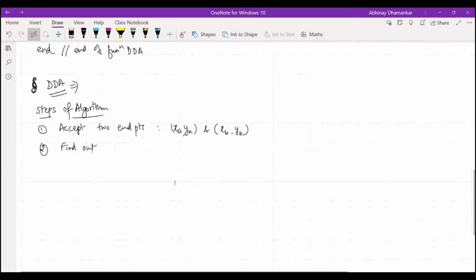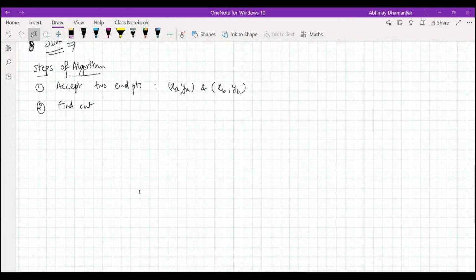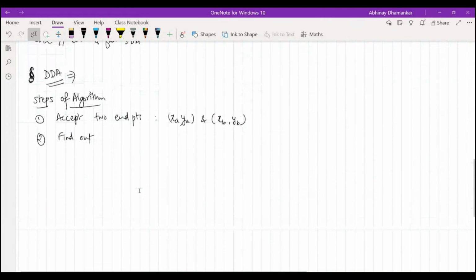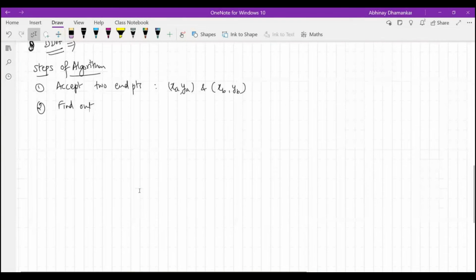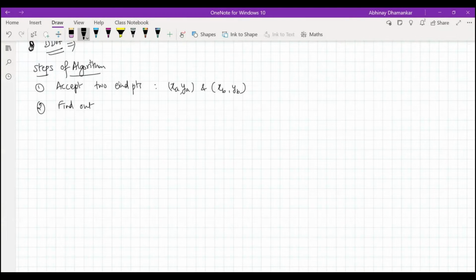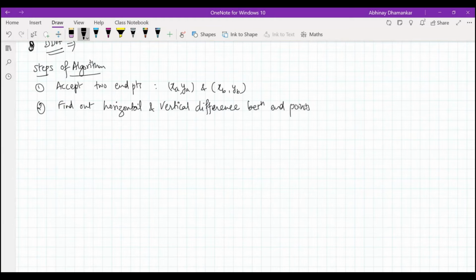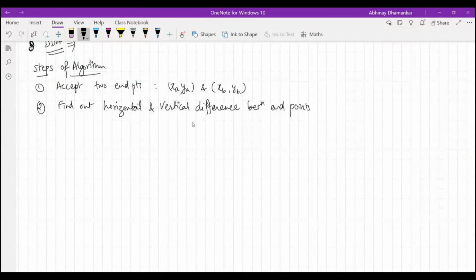Let me zoom in so that my graphics tablet can utilize that space. Find out the horizontal and vertical difference between the endpoints.